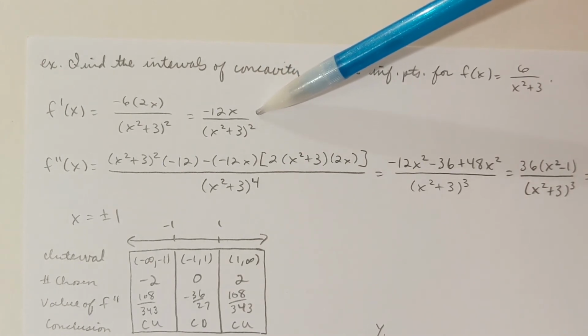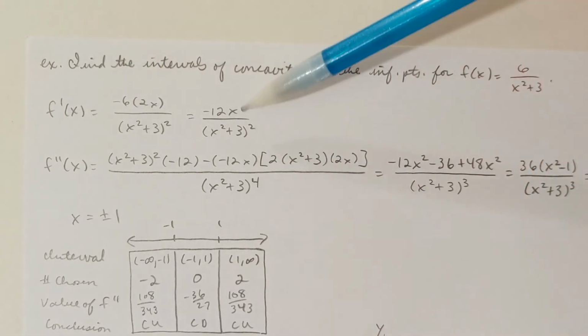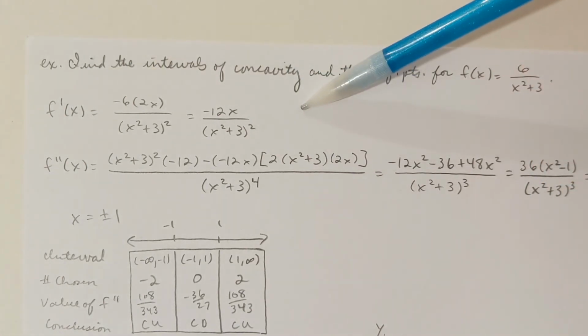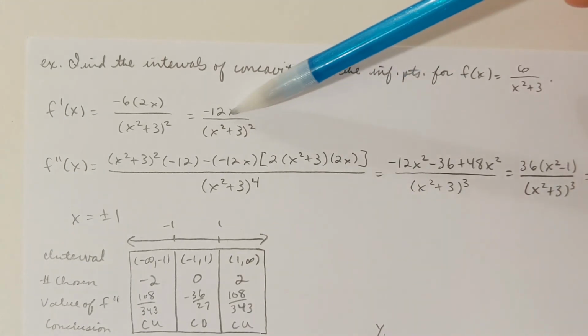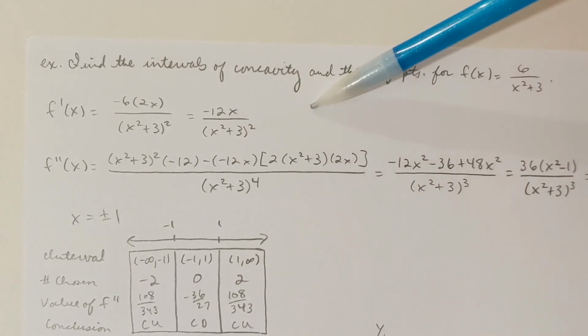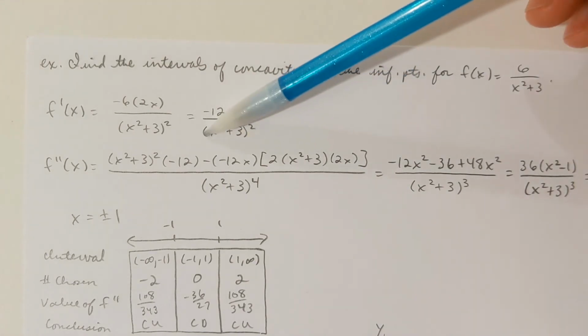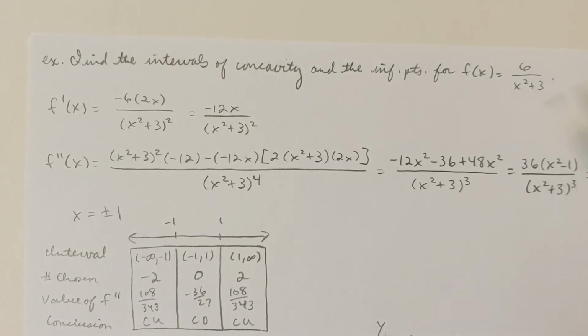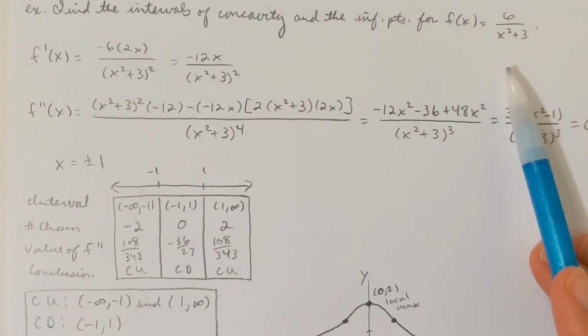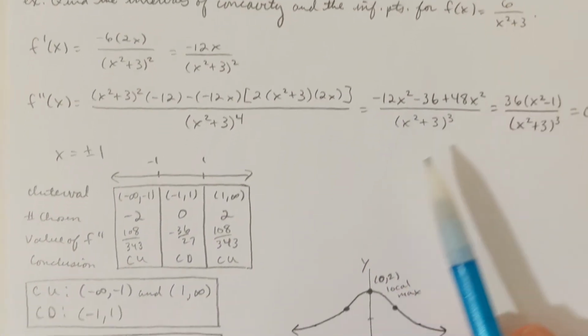Okay, if I were to find the critical values, I'd be setting f prime of x equal to 0 and solve. Well, if you multiply both sides by the denominator, you'll have -12x equals 0, or x would be 0. X equals 0 would be my critical number, my one and only critical number, right? Because there's no other number that's going to be a problem in the denominator for f prime. So if x is 0, and I plug that in, I get 2.